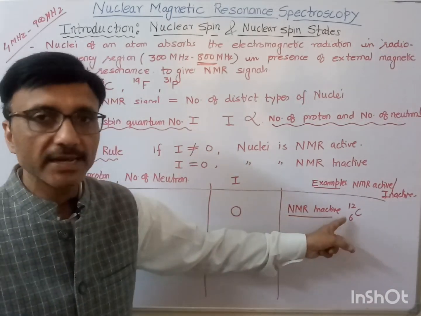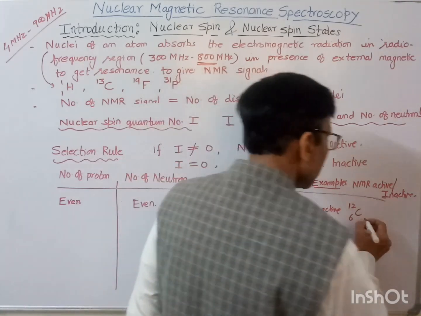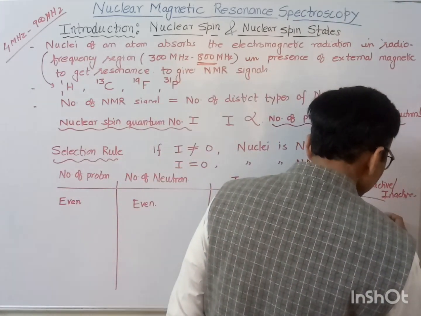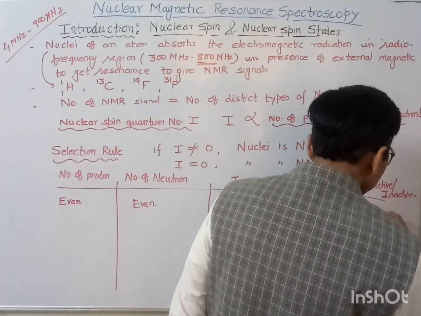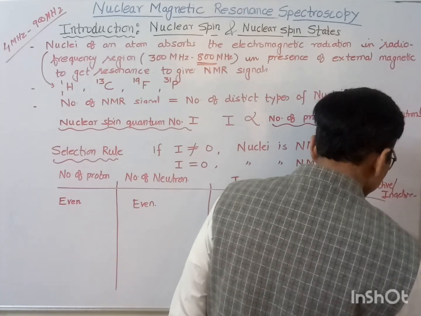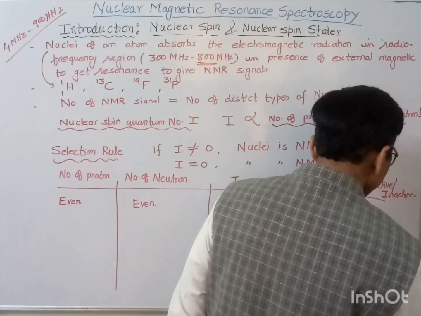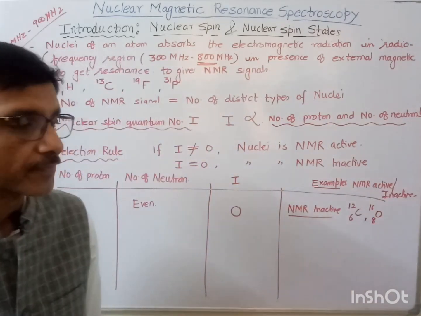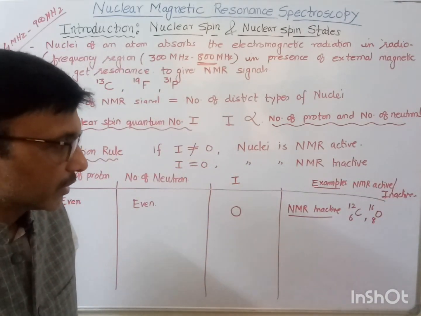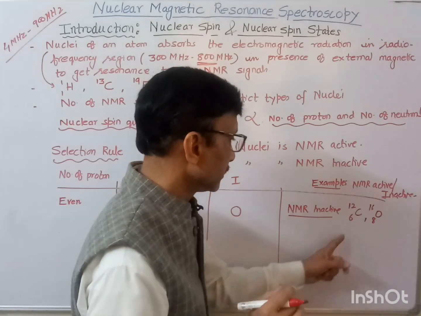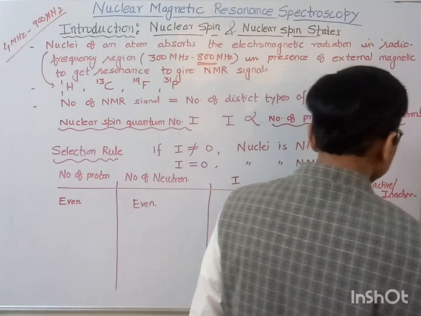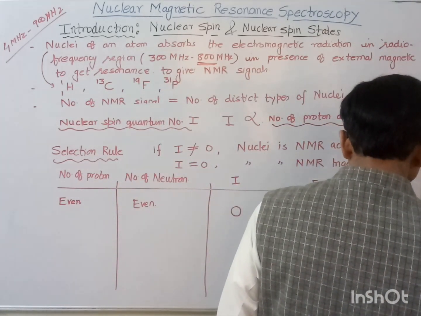So this nucleus is an NMR inactive nucleus. In the same way, oxygen 16 is also an NMR inactive nucleus. So these two are NMR inactive.